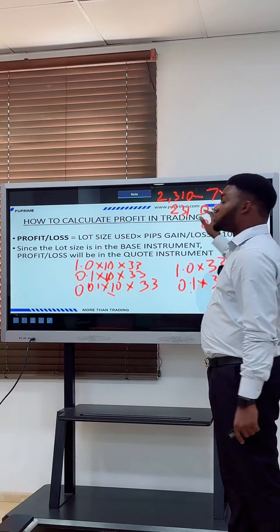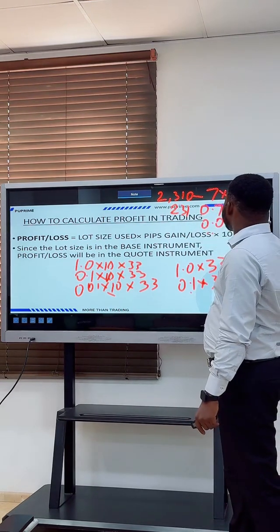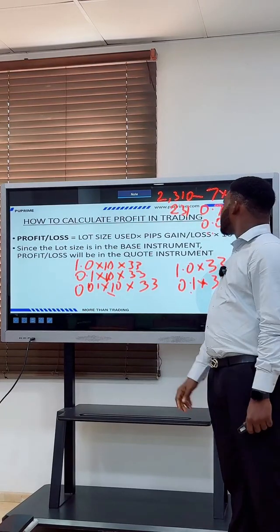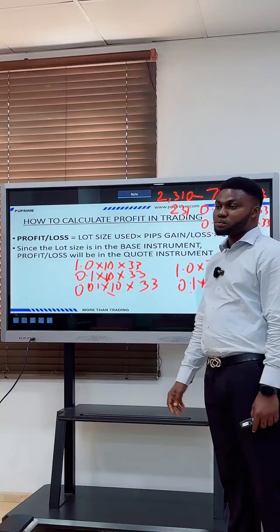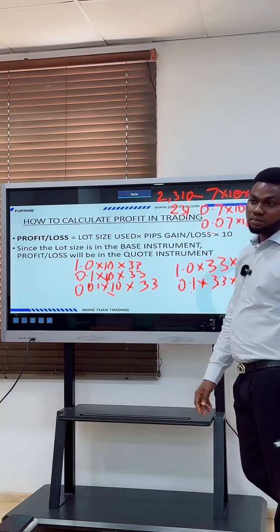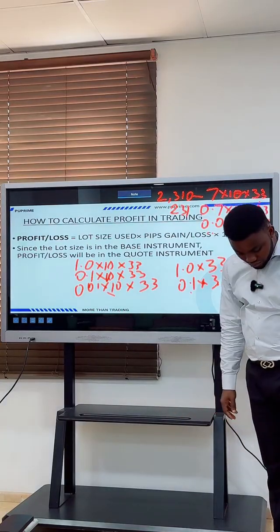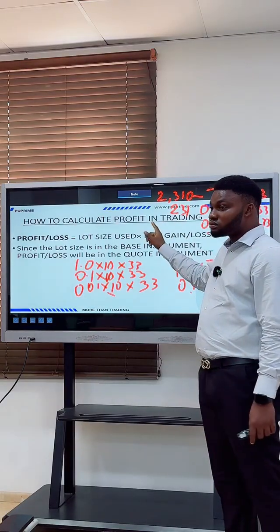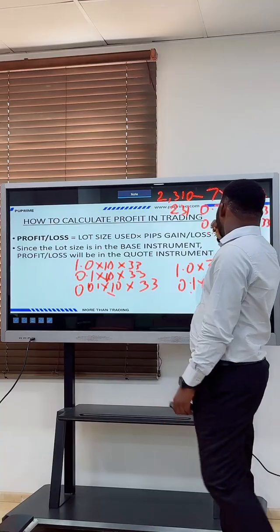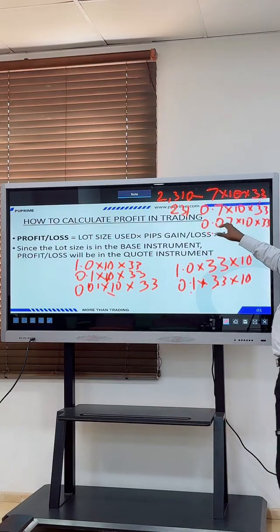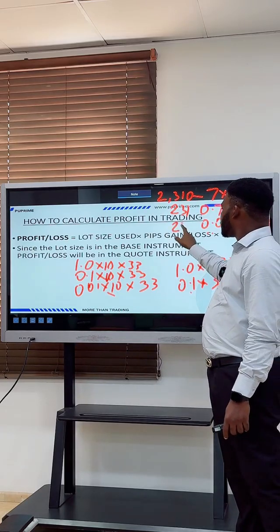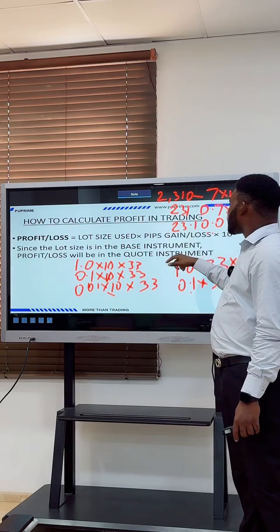So that means 0.07 should give us 23.1, something like that.